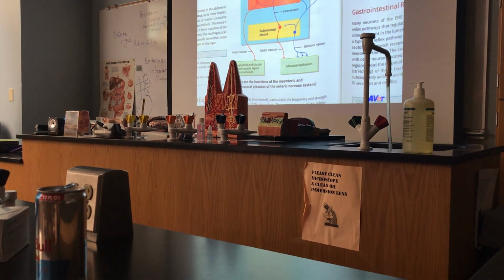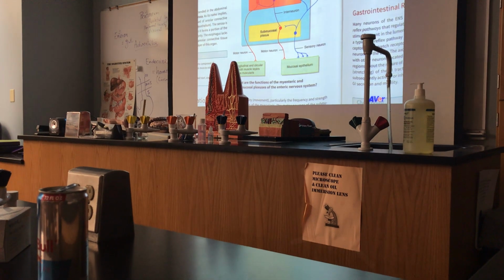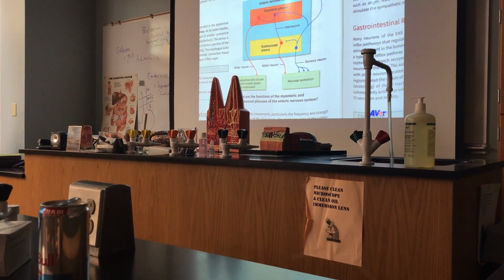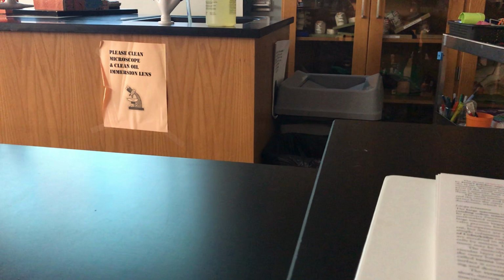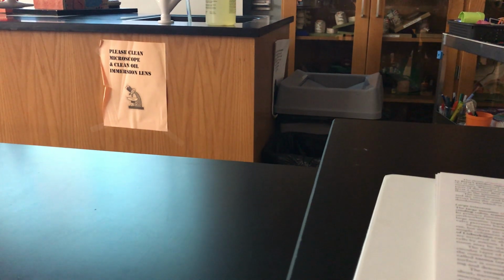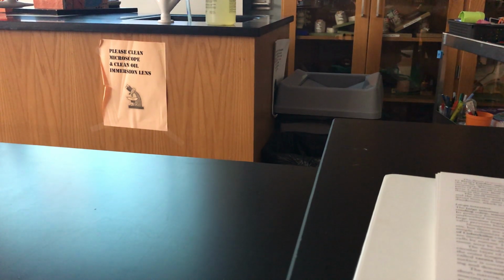So enteric nervous system consists of plexuses that are located in the GI tract. One in the muscularis, another in submucosa. So in the muscularis will be my enteric plexus, and submucosal plexus in the submucosa, or plexus of Meissner, plexus of Auerbach.